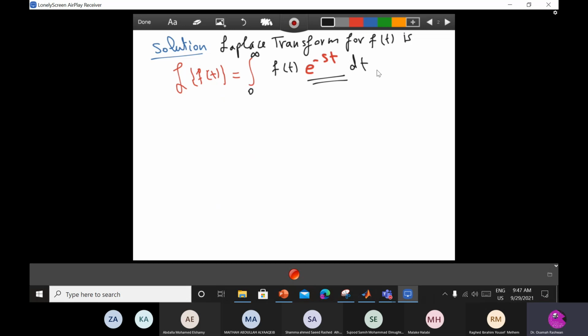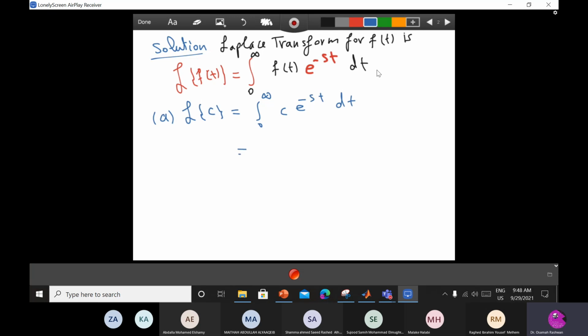This is fixed in all Laplace transform because this is the formula. Now let's apply this one into section A. I would like to have Laplace transform for any constant c. So it will be integration from 0 to infinity for c e to the minus st dt.